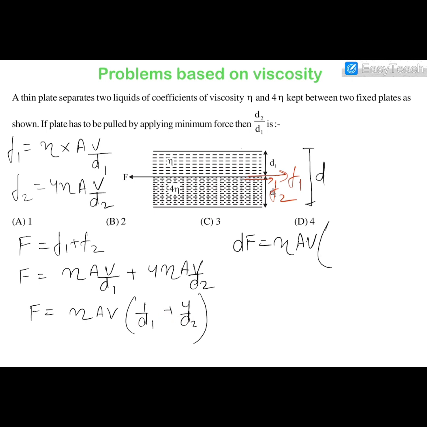So after differentiating these two terms, we can say that it is equal to minus d d1 by d1 square plus 4 d d2 by d2 square, and let us equate it to 0, and this will be minus obviously.